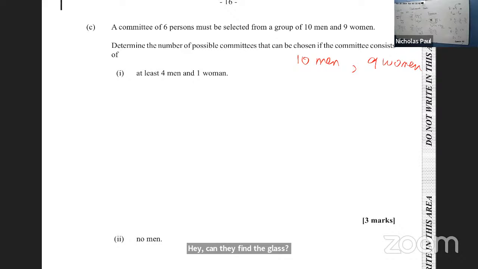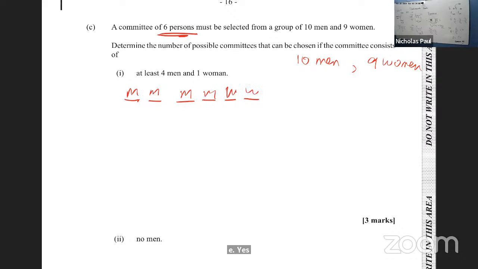Right, to determine the number of possible committees that can be chosen if the committee consists of at least 4 men and at least 1 woman, 6 people. There's a 6-person committee, so you have 1, 2, 3, 4, 5, 6. At least 4 men and 1 woman. So you're starting with 4 men, and then you will have 2 women.